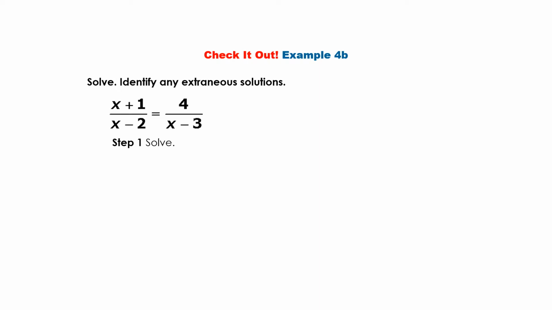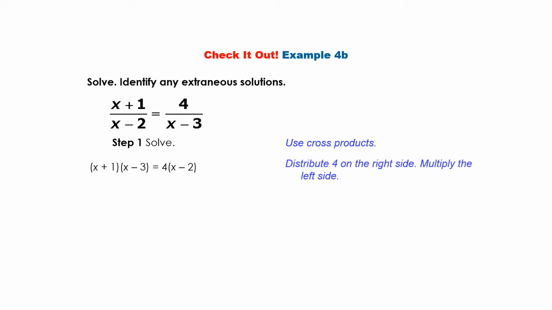Okay, what about this one? x plus 1 over x minus 2 equals 4 over x minus 3. To solve, cross product, and then distribute 4 on the right side, then multiply the left side. Then subtract 4x from both sides and add 8 to both sides. So this is where we are getting it: 4x, subtract 4x, then add 8.